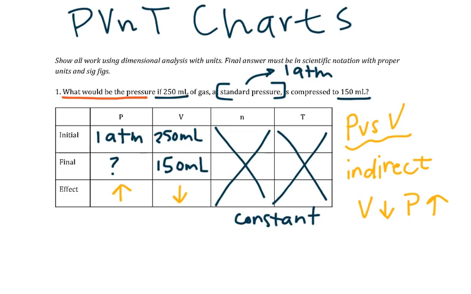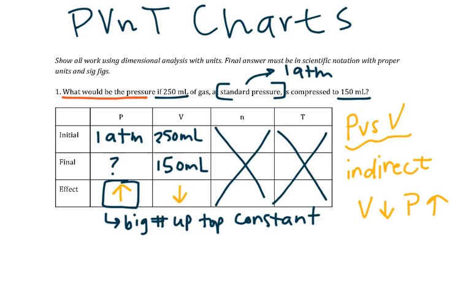All right, so now that we know the effect arrow for the pressure, that we should see it increase based on the relationship with volume, now we can go ahead and set it up. Remember, you always look at the effect arrow for what you're trying to solve for, so pressure. Because that arrow is pointing up, that tells us that the big number goes up top.